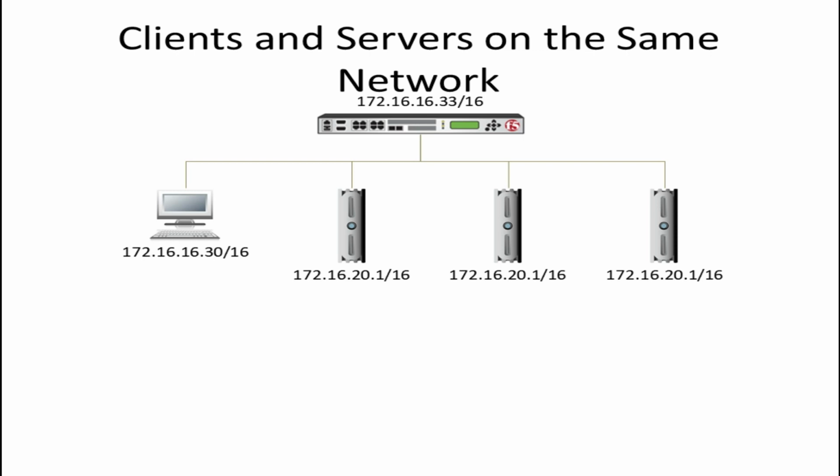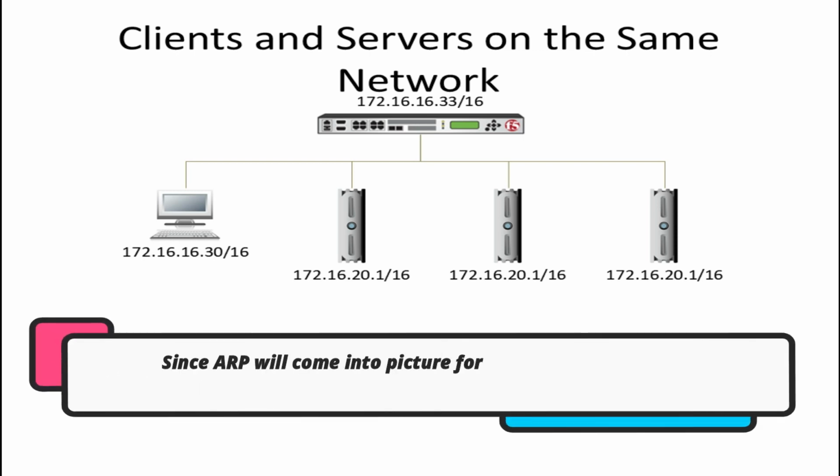My backend server, 172.16.20.1, maybe the lucky server this time is 20.1, which is why we are replicating it here. So 20.1 will respond back to my PC, 172.16.16.30, directly without sending traffic to the BIG-IP.